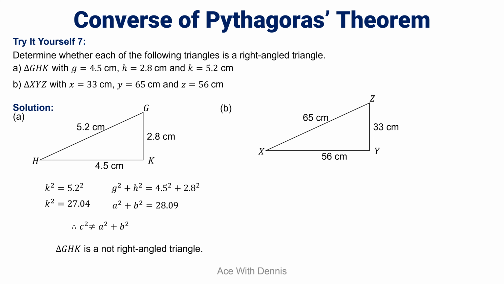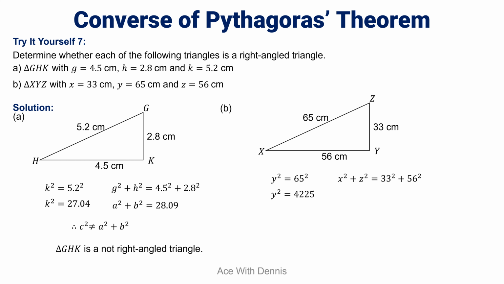Again, we have to start with drawing the triangle. So this is the triangle, and the potential hypotenuse will be XZ, which is the longer side, or the y. So y square equals 65 square, and the value is 4,225. Then we find a square plus b square.